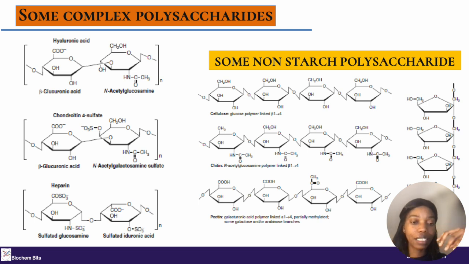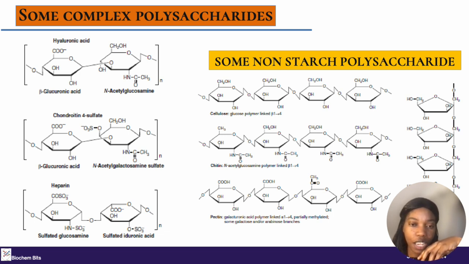in plants, and also pectin, which is something that we find in most of our fruits, is a polymer of galacturonic acid that is linked with some galactose and arabinose that are branched together, and sometimes I think it's also partially methylated.